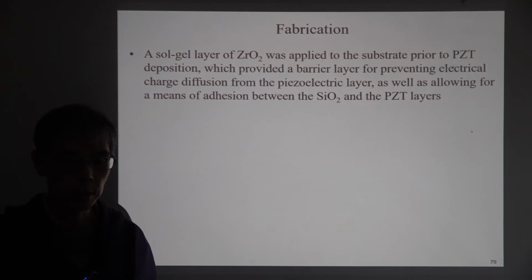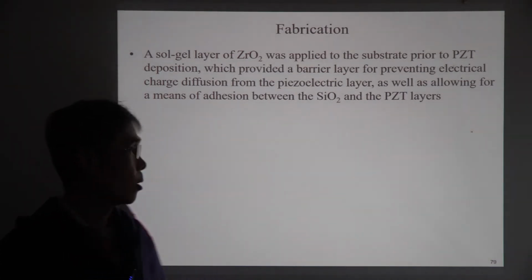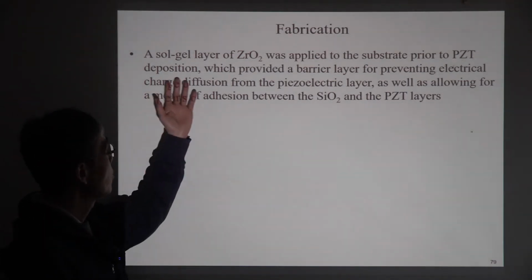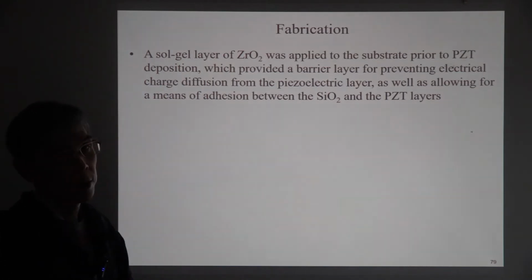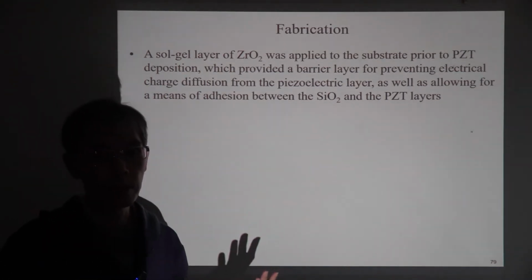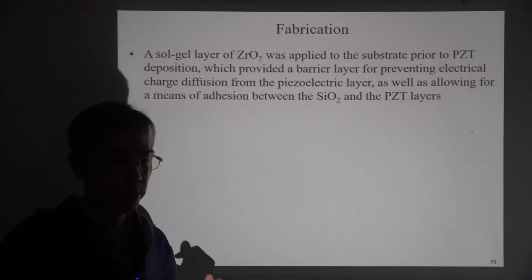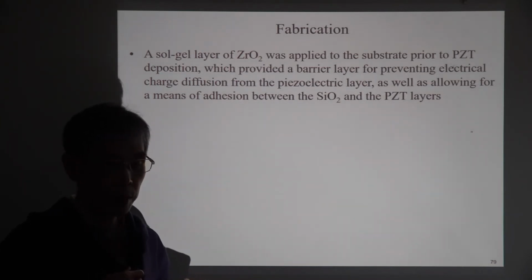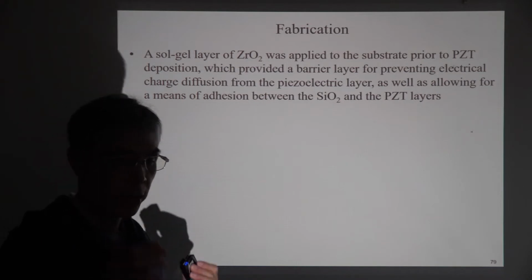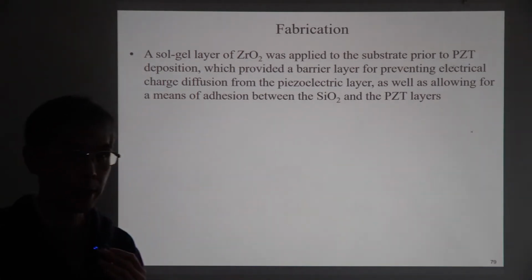So we need an interface layer. The interface layer they used is ZrO2. So it has good adhesion between the silicon dioxide and the PMN-PT.